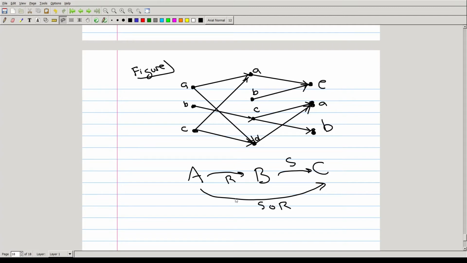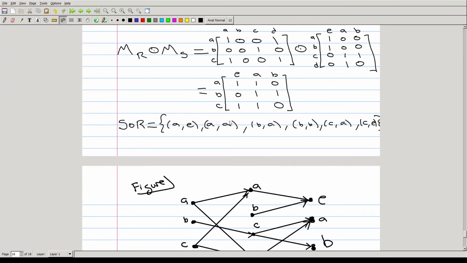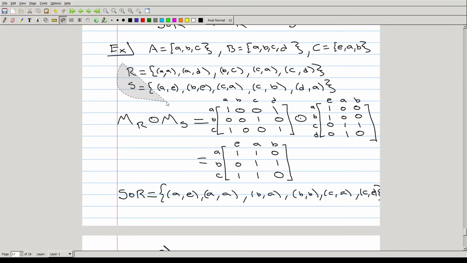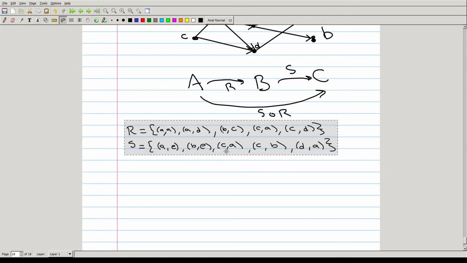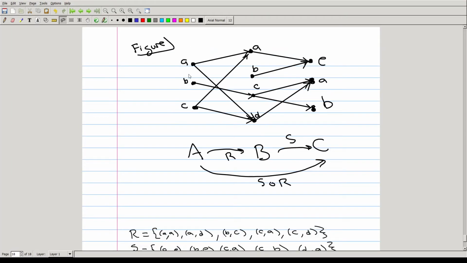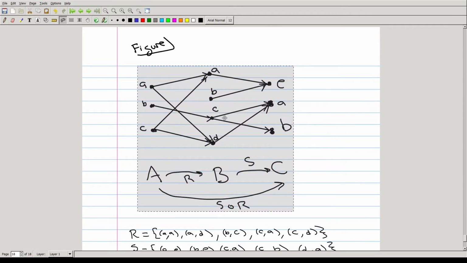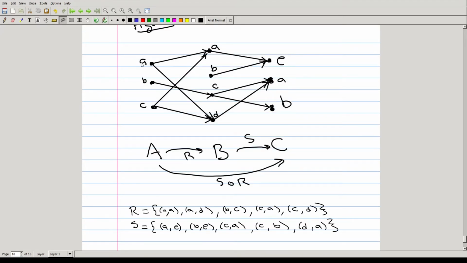This first set of arrows right here represents the relation R, which is AA, AD, BC, CA, and CD.